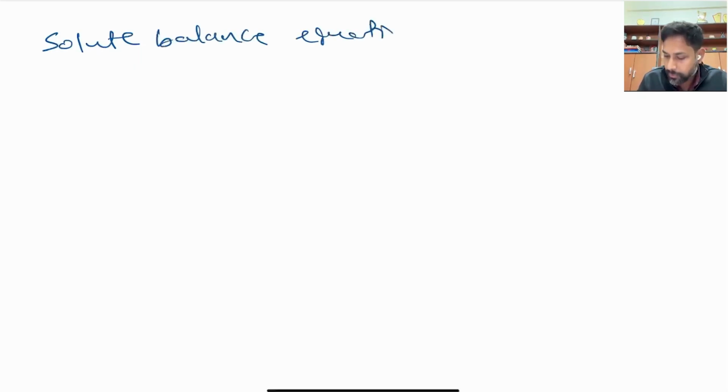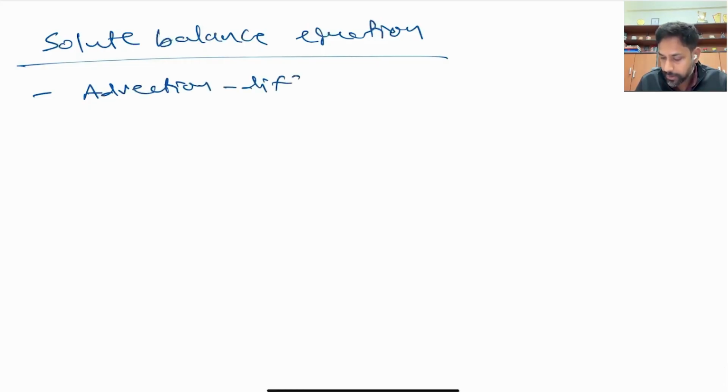Solute balance equation, also known as the advection diffusion equation.